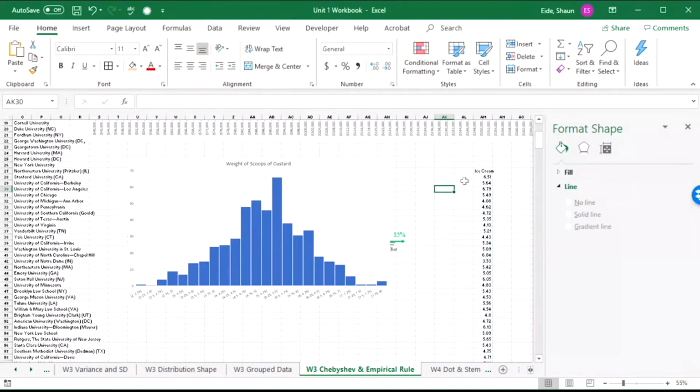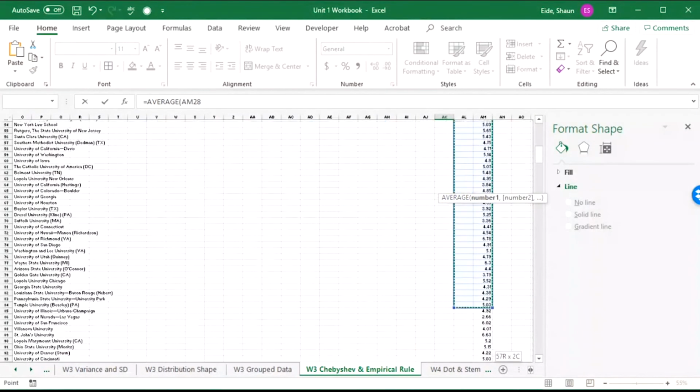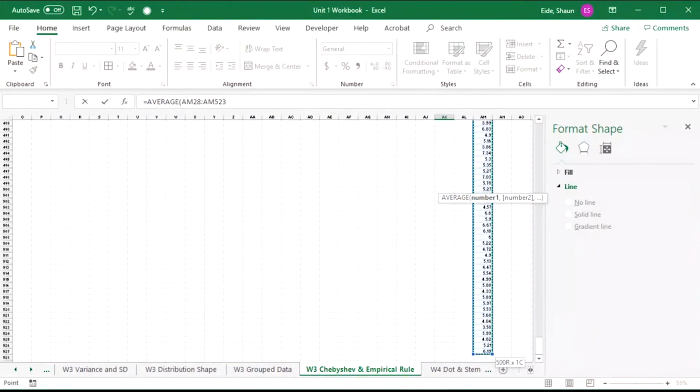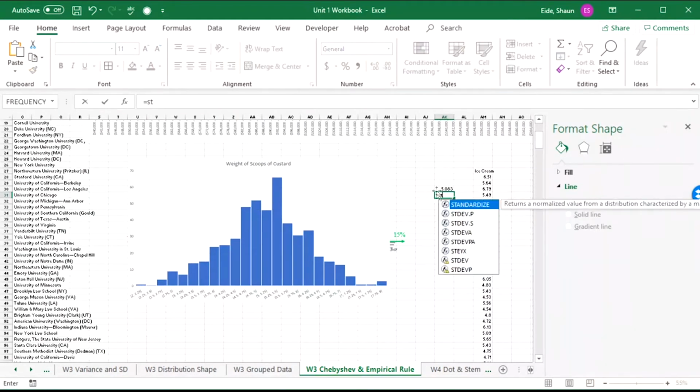And so I'm going to give you the mean and the standard deviation right here, and I'm going to do equals average, and I'm going to highlight the entire data set, which is quite a few. Okay, that's 500 records. So that's the average. So the average is right around 5, and then the equals standard deviation of a sample, because we're only taking a sample here.